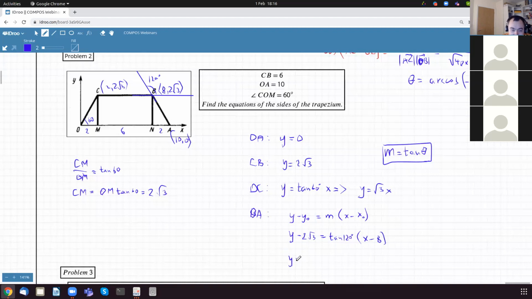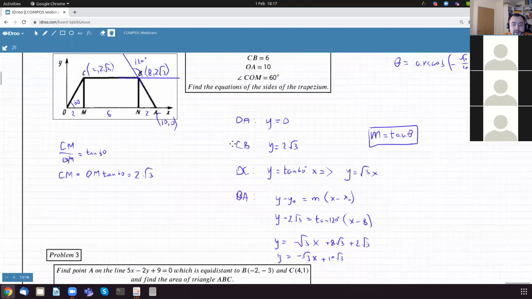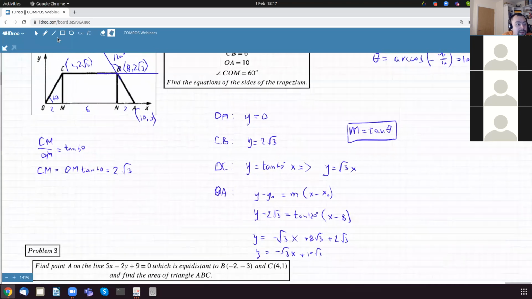Tangent of 120 is minus square root of 3, so y is equal to minus square root of 3 x, plus 8 square roots of 3, plus 2 square roots of 3. So y is equal to minus square root of 3 x plus 10 square roots of 3. That's it. These are the 4 equations that we were looking for. Is there anyone here who doesn't understand?